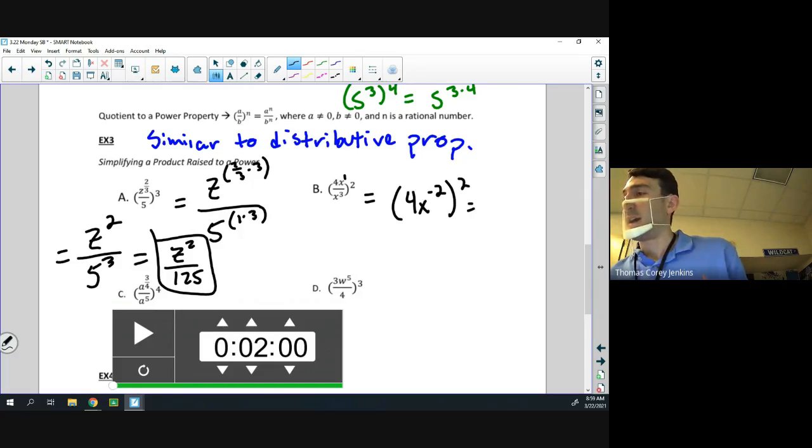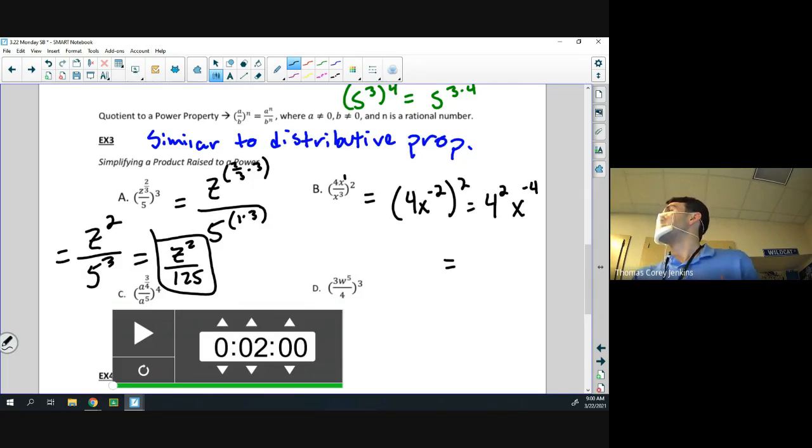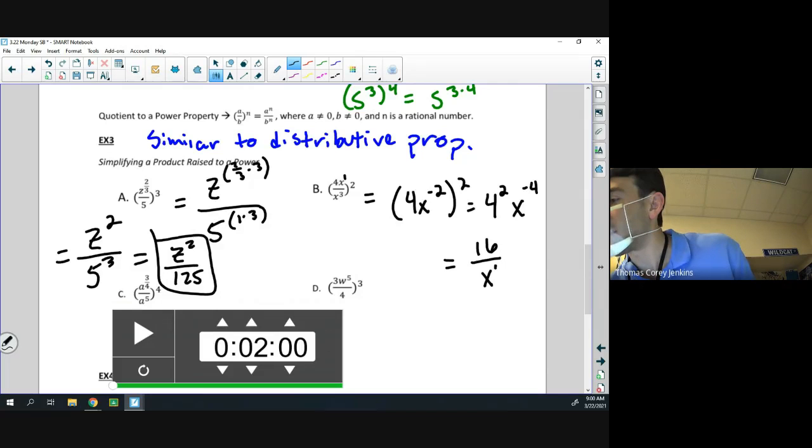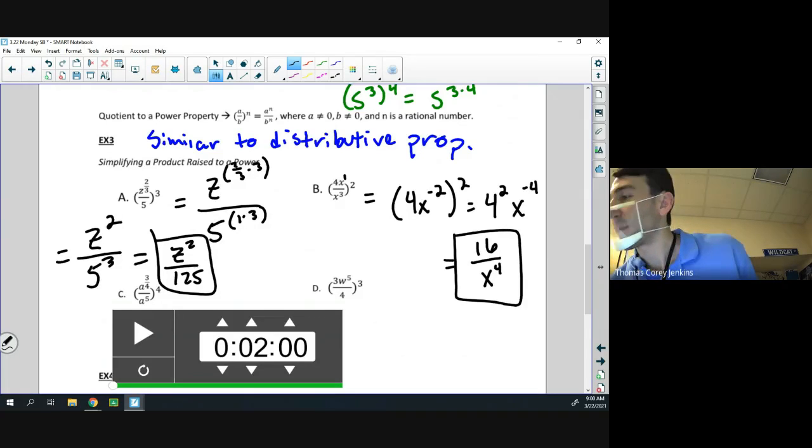So then that's equal to 4 squared times x to the negative 2 times 2, which is negative 4. And then we just simplify. So that would be 16 over x to the 4th. I did two things in that step: I simplified 4 squared to get 16, and I took care of my negative exponent.